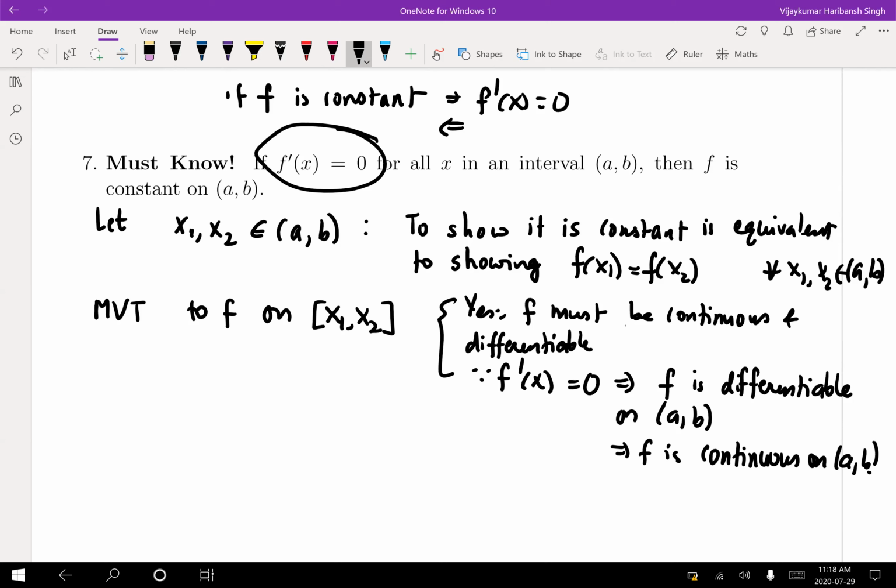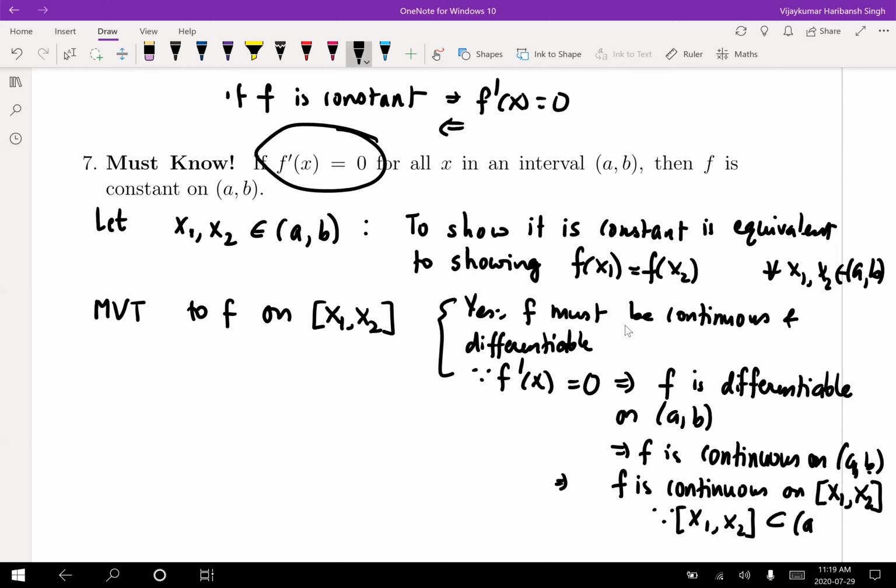So therefore we can apply the mean value theorem. f is continuous on ab, but this implies what? f is continuous on x1, x2, because x1, x2 lie inside ab.